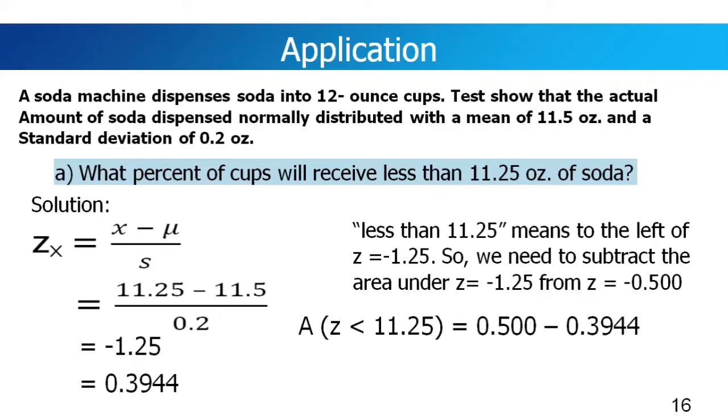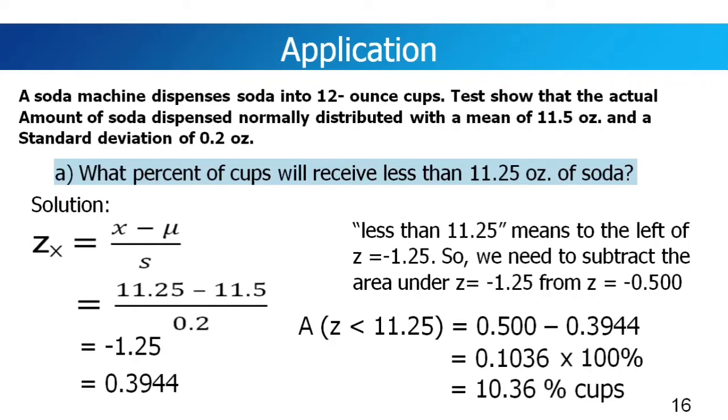Thus, the area of Z less than 11.25 is equal to 0.500 minus 0.3944, which is equal to 0.1036. But we are being asked here for the percentage of our cups. So we need to multiply 0.1036 by 100%, and that would be equal to 10.36% of cups.